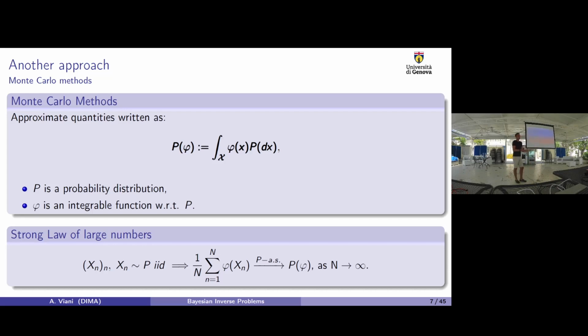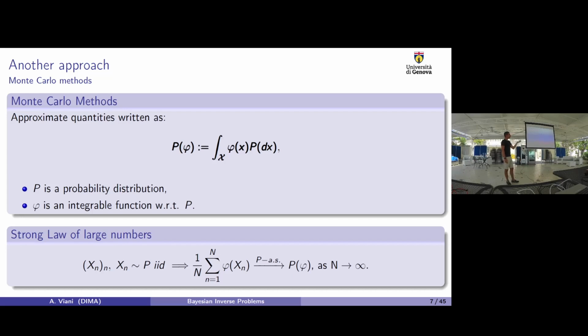Almost surely means up to sets with zero measure with respect to the measure p, because we are considering integrals with respect to p, and then we have this theorem, and we have converged.